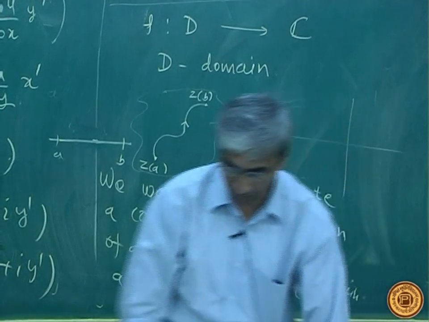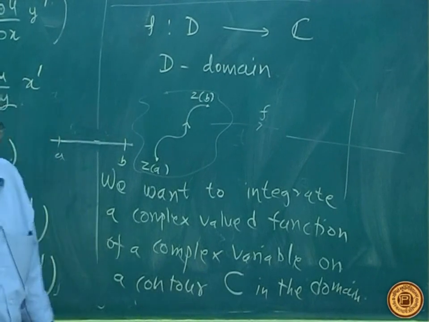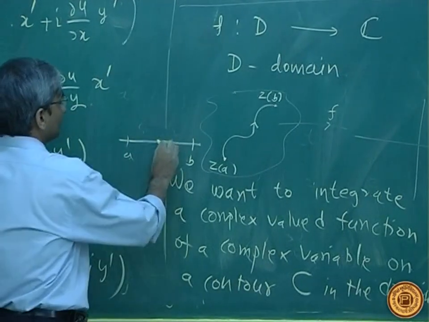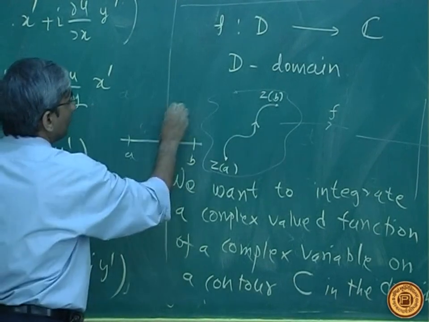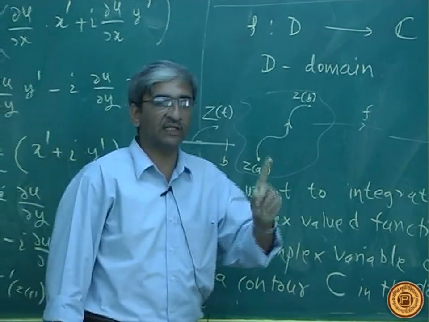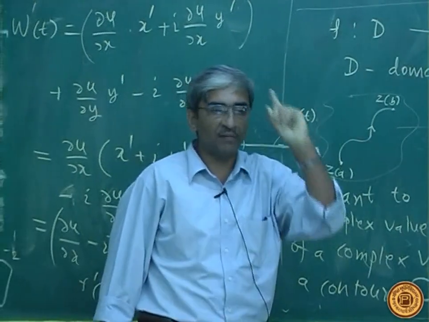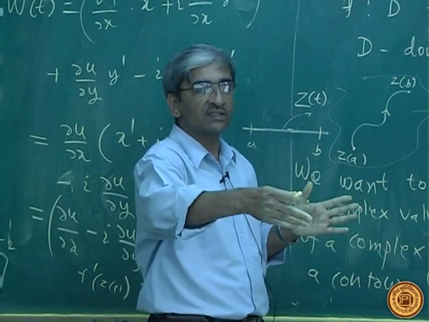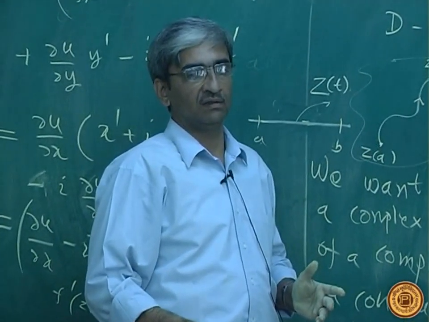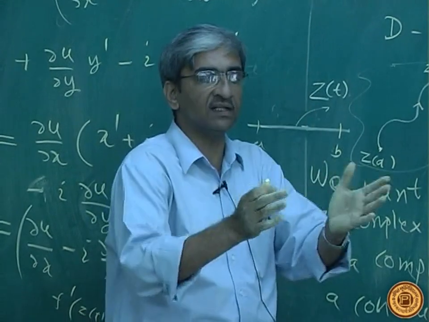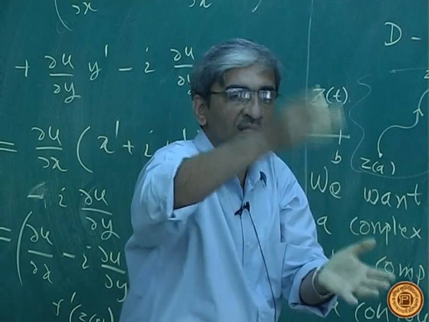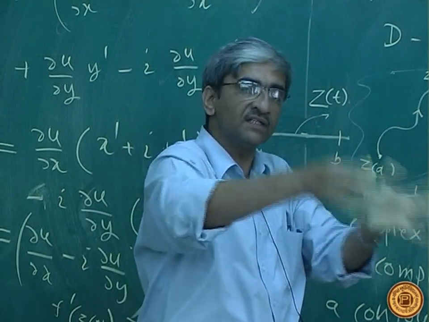Suppose the contour C is given by the function z(t), as I have written it here. This function which gives this contour is z(t). Corresponding to every contour, there is a function z(t), which is a parameterization of that contour on a certain interval on the real line, say [a,b]. So please understand that when a contour is given to you in the complex plane, it means some function z(t) and some interval are given to you.